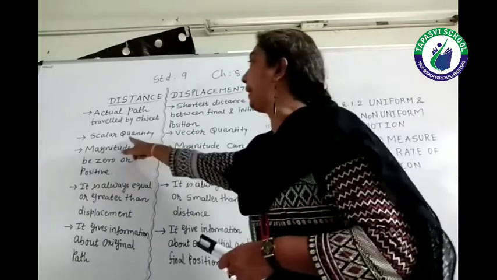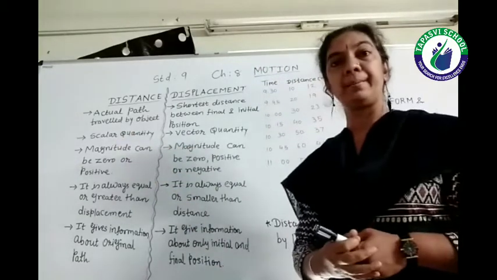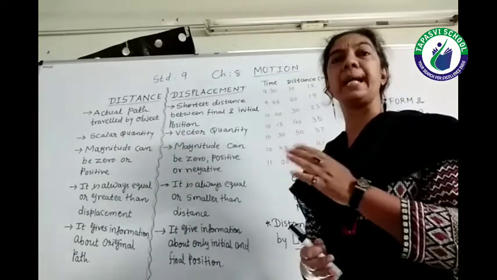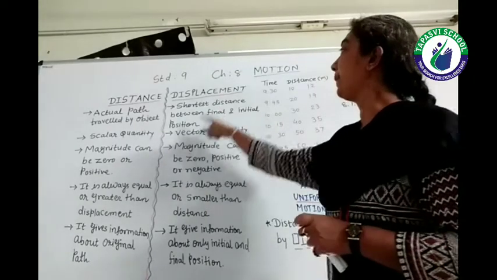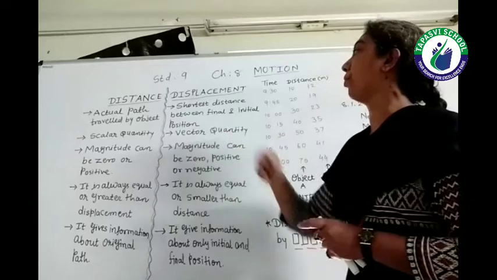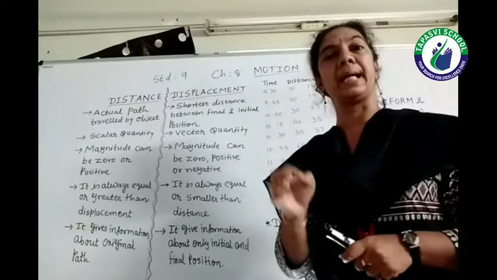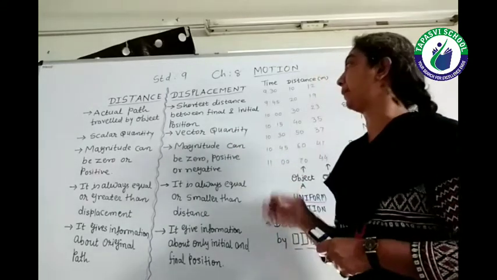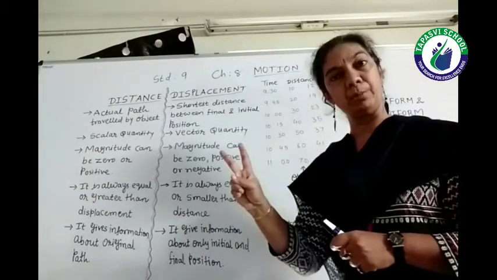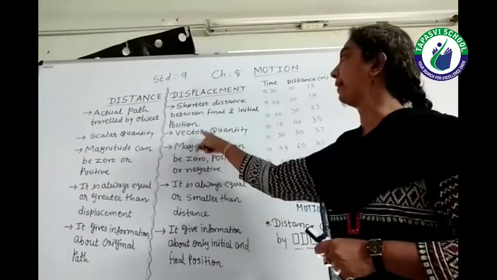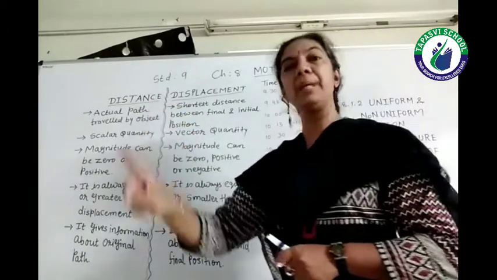Then distance is a scalar quantity, that means it does not need direction for its description. But displacement is a vector quantity, means it needs direction for its description. So displacement needs magnitude and direction both. So it is vector, and distance needs only magnitude.